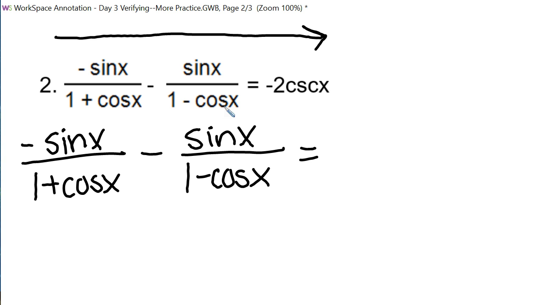Now, in order to add or subtract fractions, what do we have to have? Common denominator. So the common denominator would have to be both of these: 1 plus cosine x, 1 minus cosine x.